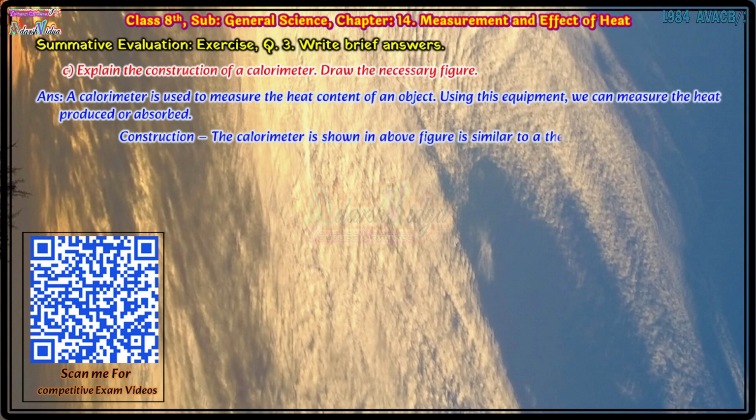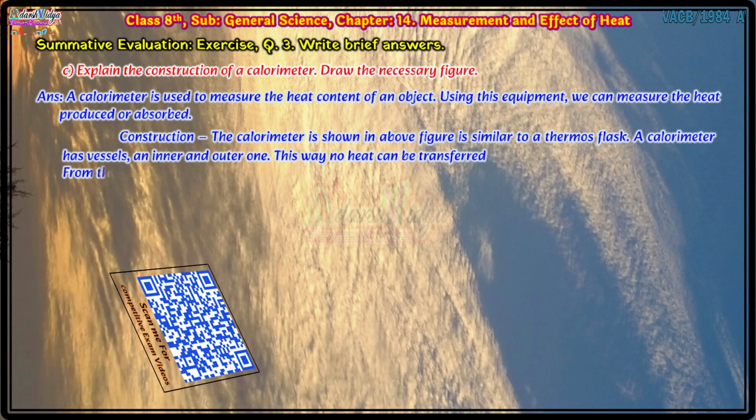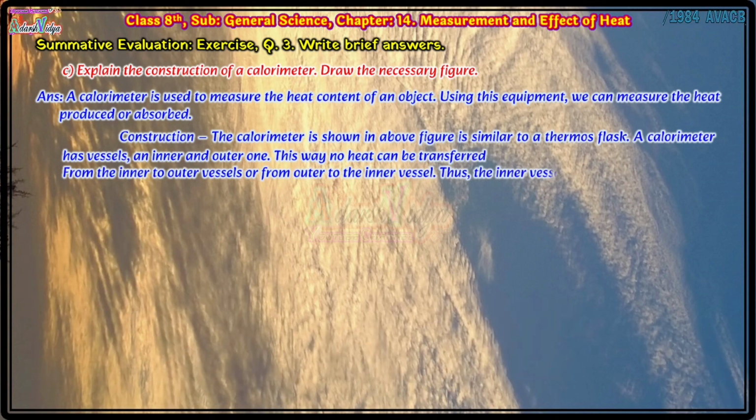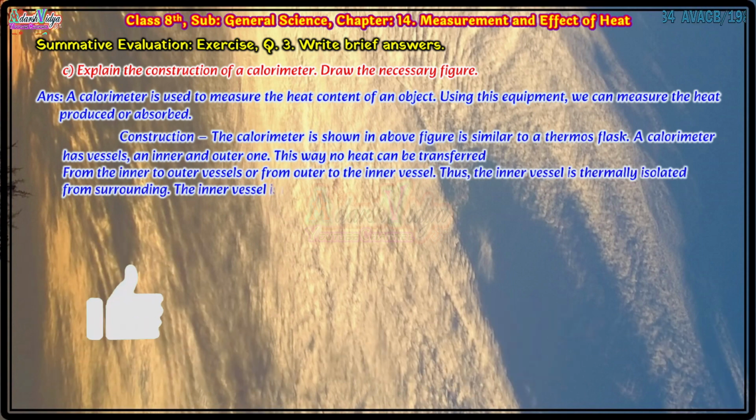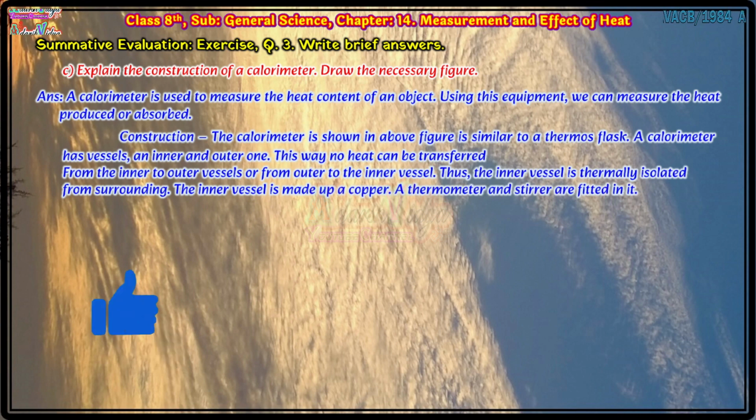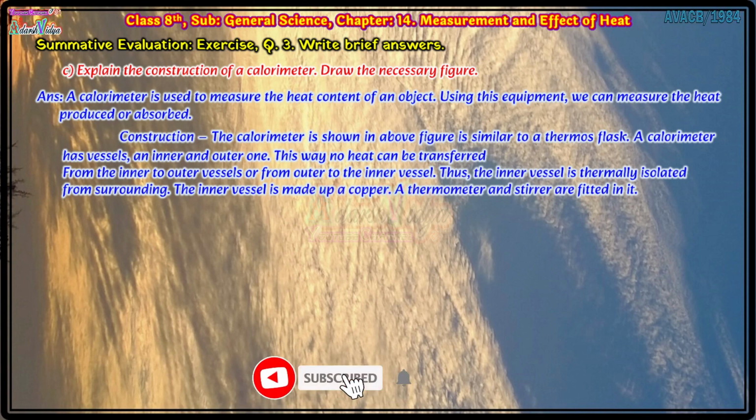Construction: the calorimeter shown in the above figure is similar to a thermos flask. A calorimeter has two vessels, an inner and an outer one. This way no heat can be transferred from the inner to the outer vessel or from the outer to the inner vessel. Thus, the inner vessel is thermally isolated from the surroundings.